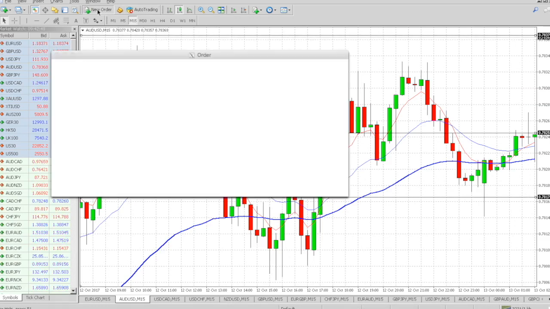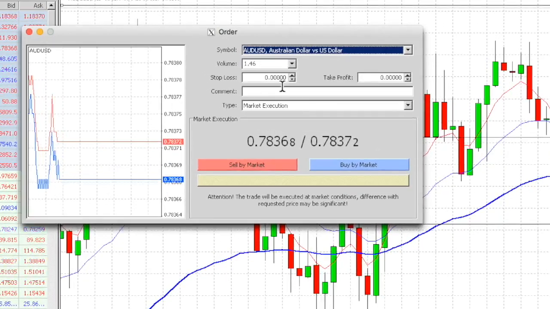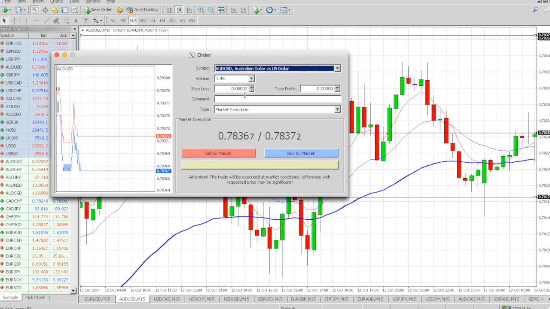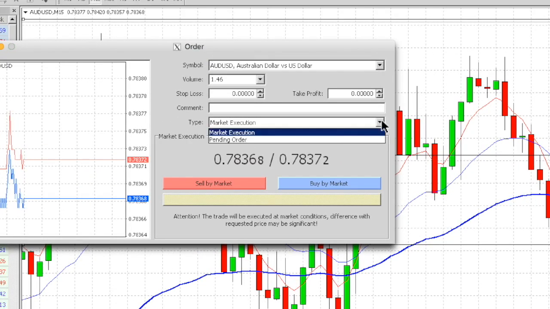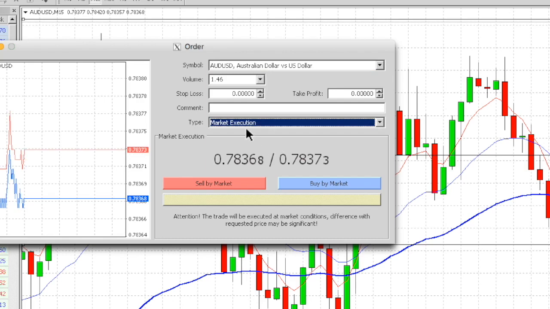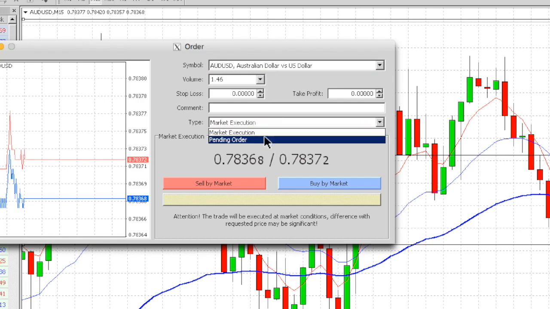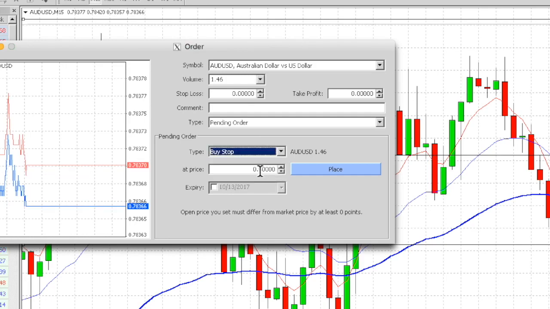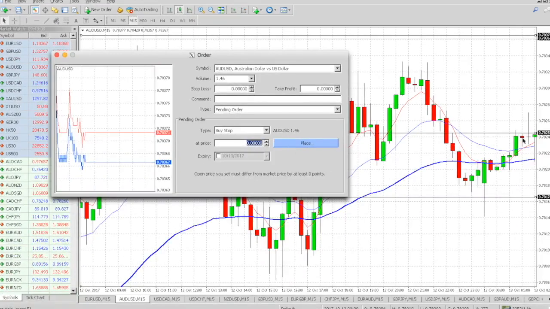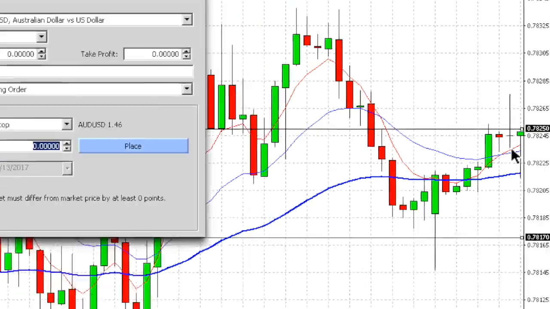I click new order, right? And I've got to use my position sizing calculator, so quickly calculate the position size, and put in the volume. Go to pending order, buy stop order, key in your price as usual, 0.7825.